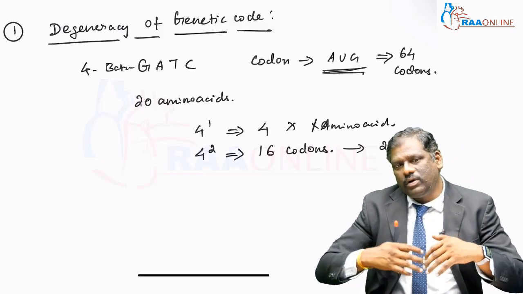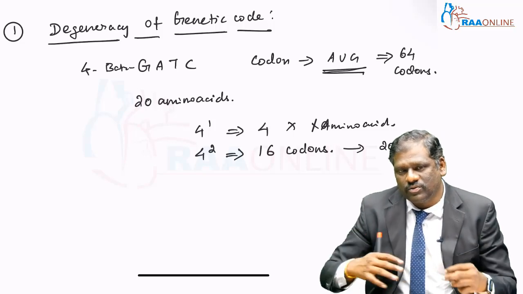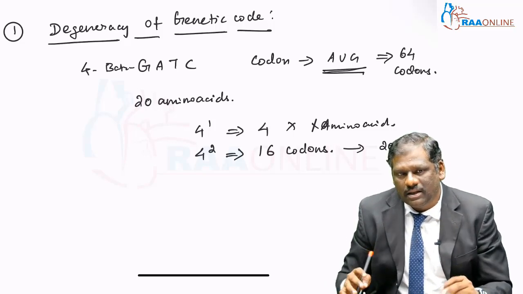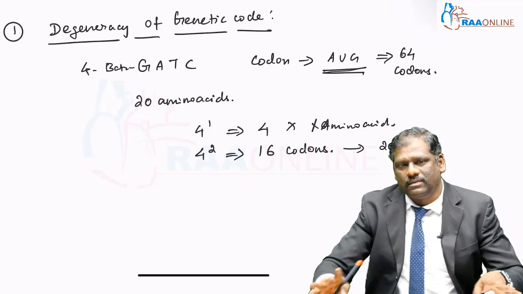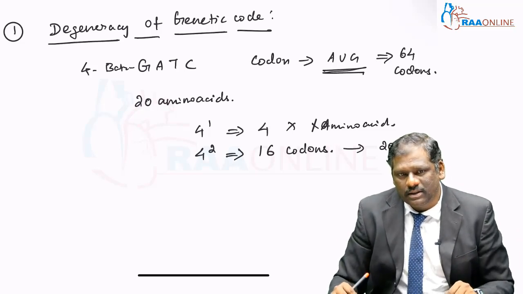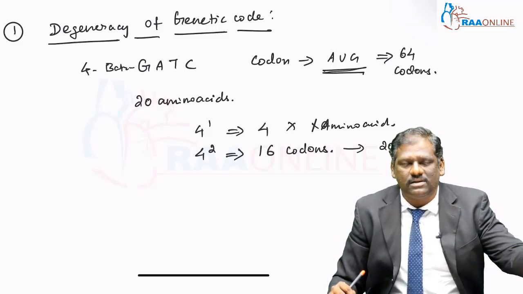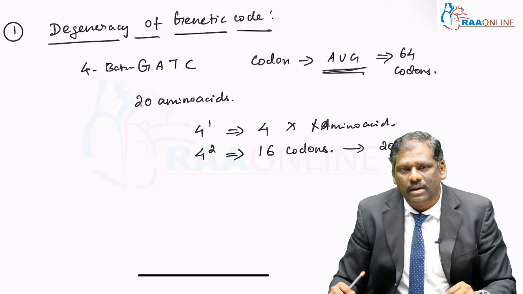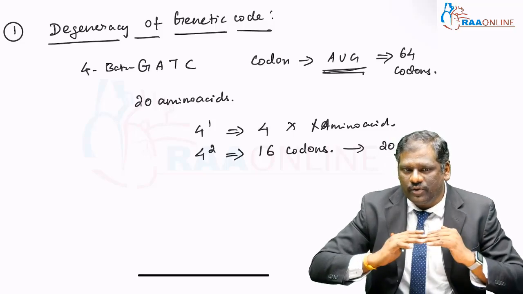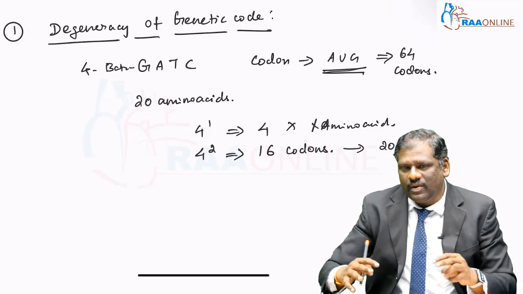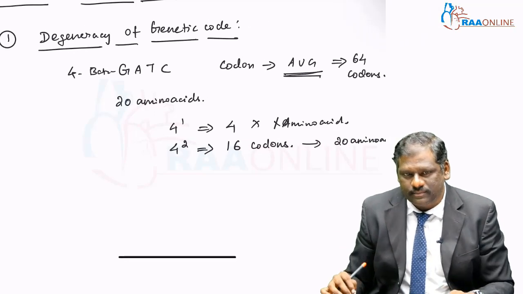You have more amino acids than 20, around 24, but still the 20 amino acids are universal. You got the point? The extra amino acids are seen in certain kinds of groups, but these 20 amino acids are universally found. That is why I am sticking to the number 20.